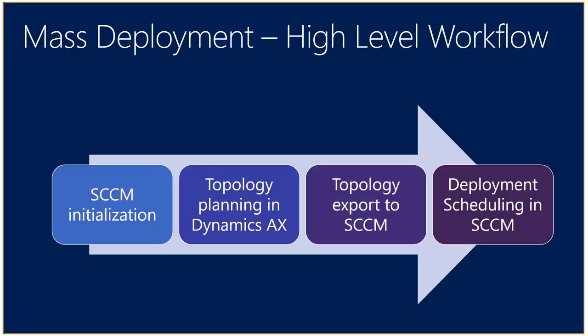You would use the toolkit to import this file into System Center Configuration Manager and be able to transform that information into specific actionable pieces of content in System Center Configuration Manager on which then users could perform specific actions.